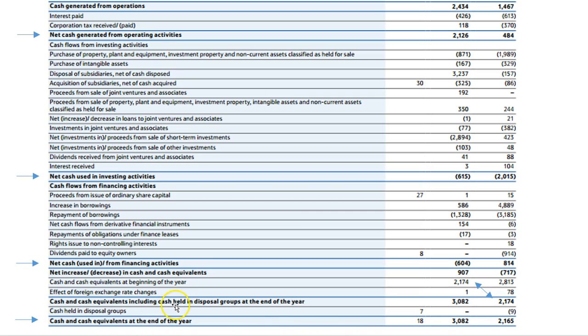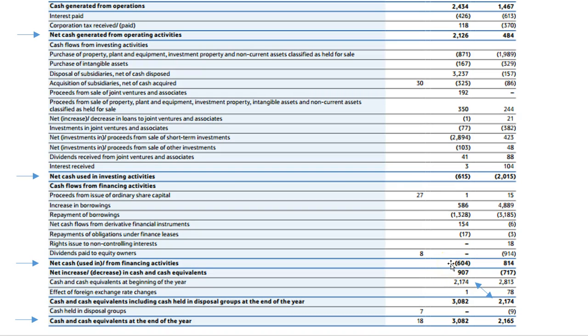Cash and cash equivalents held in disposal groups at the end of the year. Right, so that's just like saying cash on the balance sheet. And it takes the beginning of the year, it takes the net cash generated from operating activities, less the net cash used in investing activities, less net cash used from financing activities.